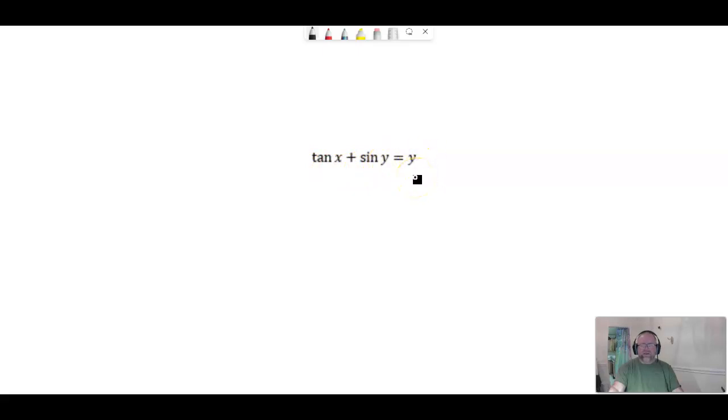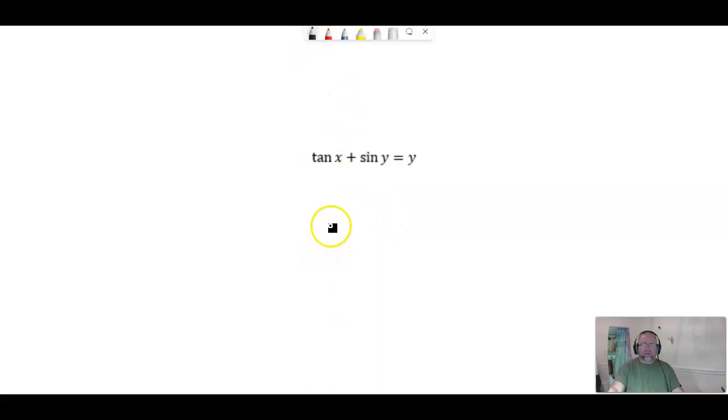So this would be a very hard equation to try to solve explicitly for y, because we really can't get y by itself, because we would somehow have to turn both of these into angles or both of them into values, and that's not very possible, especially in this class here.